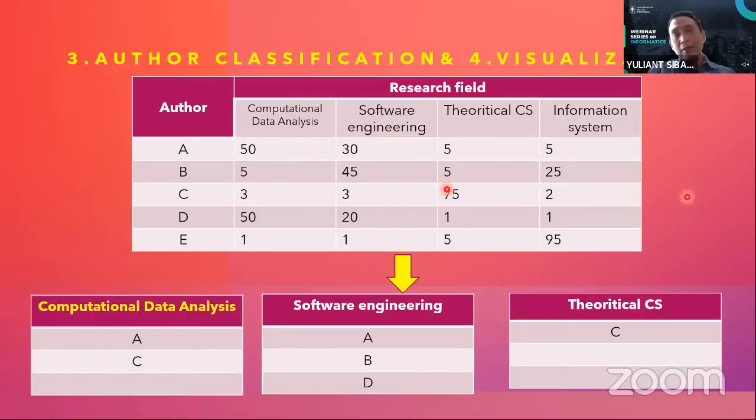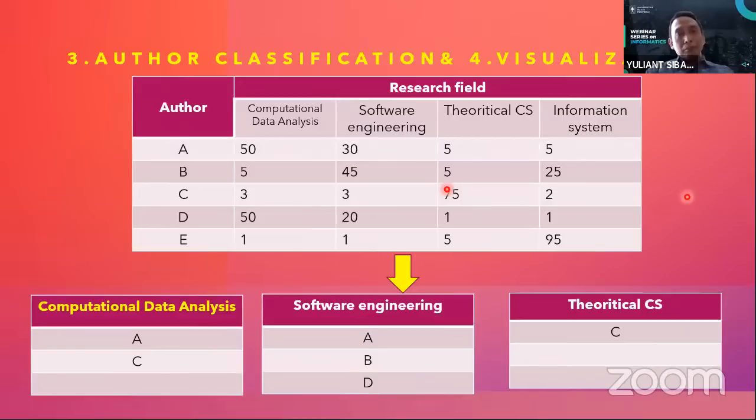This is the class label in our data. For example, author A has 50 publications in computation, data analysis, software engineering, theoretical computation, information system, etc.